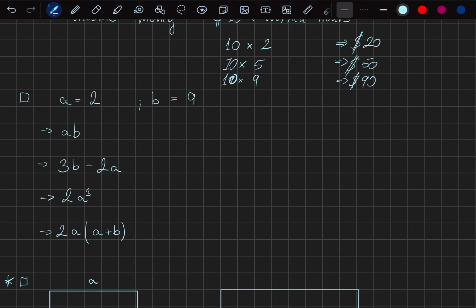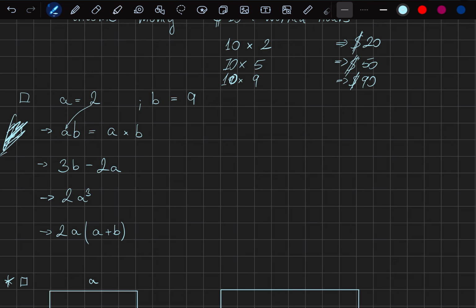Calculate ab, 3b minus 2a, 2a cubed, 2a times (a plus b). So I will just substitute into the formula, but don't forget ab means a times b. So it's not 2, 9.